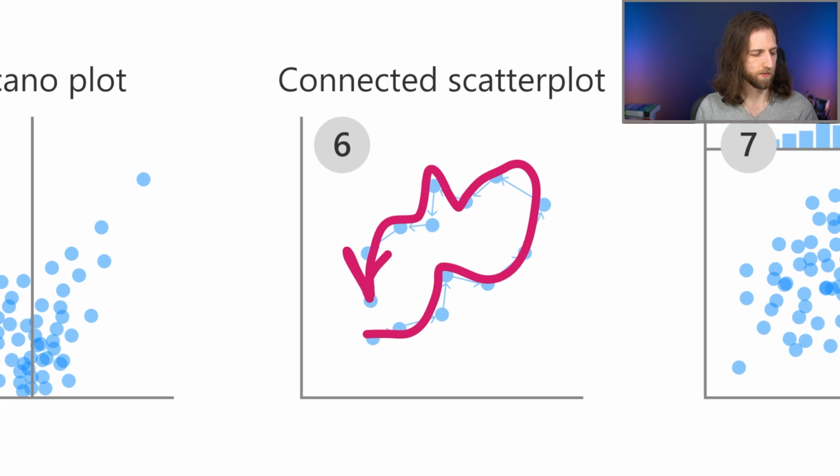A good example of this is if we have our product categories, or we just have a few different categories, like 3 or 4, and then we want to see how those have evolved over the last few years, how that distribution has changed. For example, we saw computers, we saw it was performing quite poorly, and we want to understand if that's been the case for the last 3 or 4 or 5 years, how that distribution looks. So a connected scatter plot could be interesting for something like this.